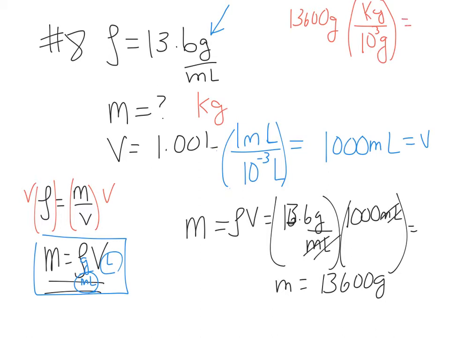And so if we do that math, it's like dividing by 1,000, and we get 13.6. Canceling out our grams, we get kilograms. So I'll just answer down the bottom. This is the same as 13.6 kilograms.